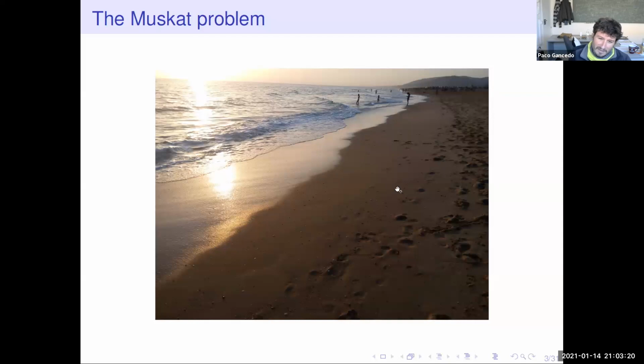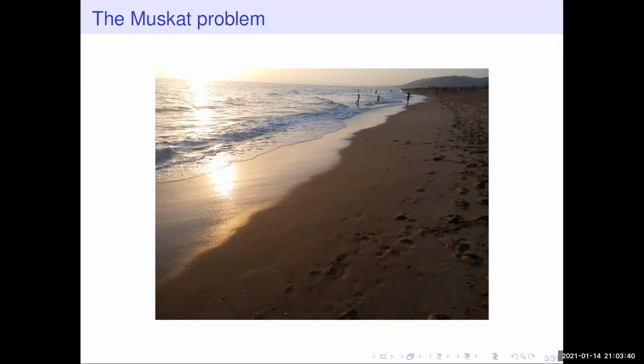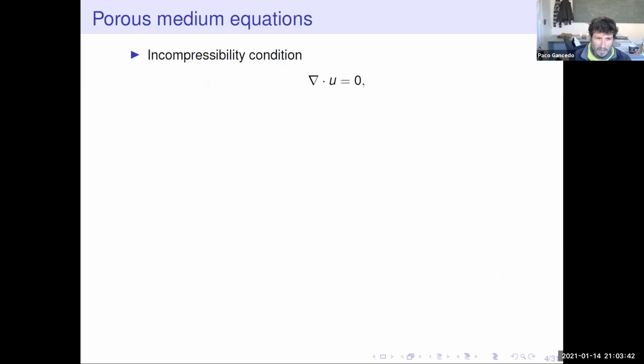In particular, this kind of problem gives a lot of very interesting behavior in fluids. The problems we study for this Muskat equation are very interesting from the incompressible fluid point of view.